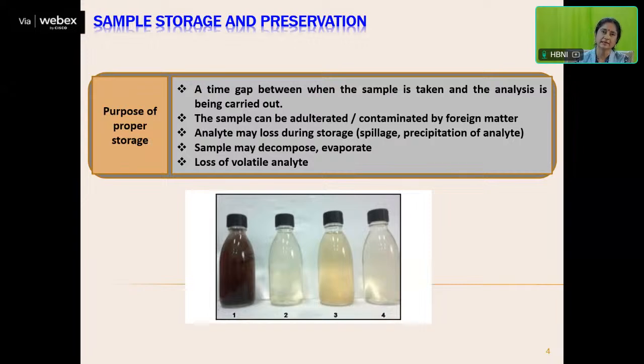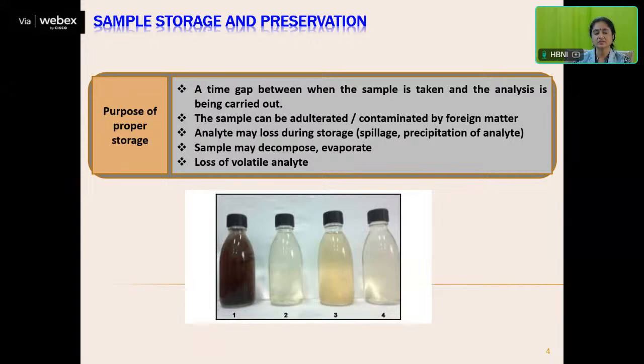Why store a sample? Because it is not always the case that when we collect the sample, it will be analyzed immediately. There is always a time gap between when the sample is taken and when the analysis is carried out. During this period, the sample can be contaminated by foreign matter.